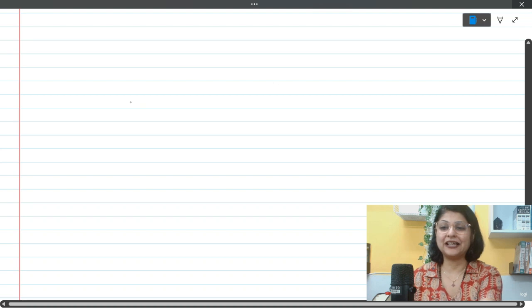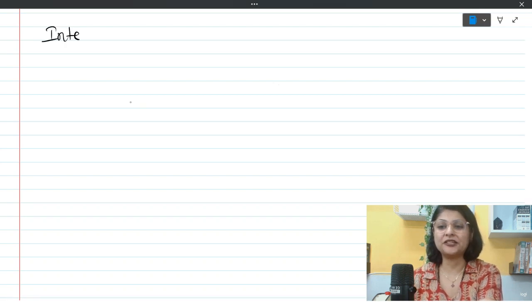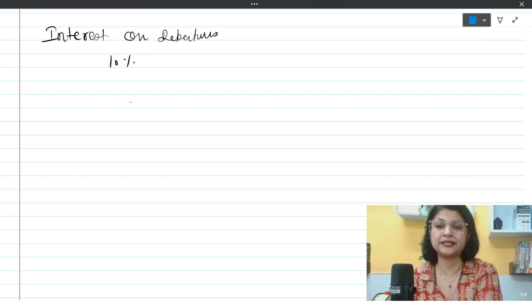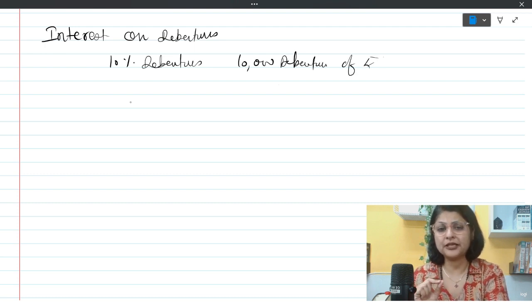So let's understand how interest on debenture entries are passed. First of all, interest on debenture is a charge against profit. What is the prefix in front of the debenture's name? Let's say 10% debentures, 10,000 debentures of rupees 100 each.